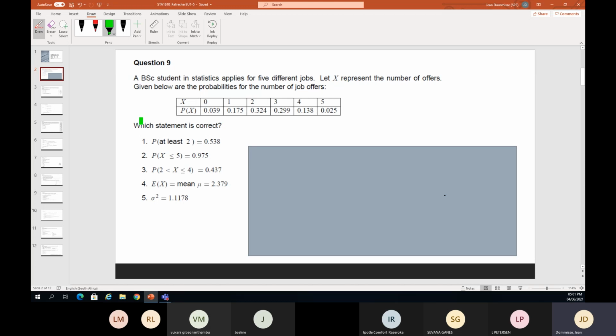The easiest way to look at it is if it is binomial or Poisson, you will need to use the table. If it's not, they would give the table to you. So when they give a table to you, we have a discrete distribution.